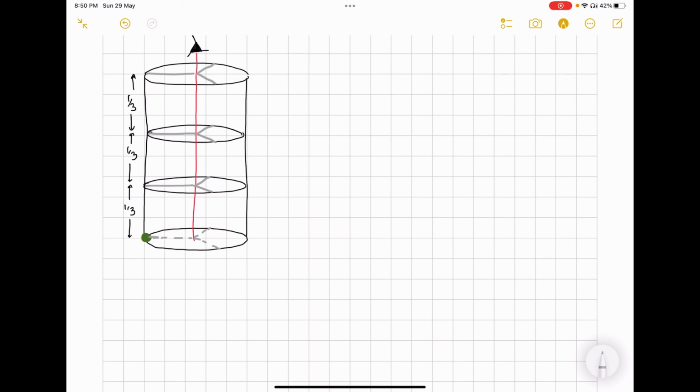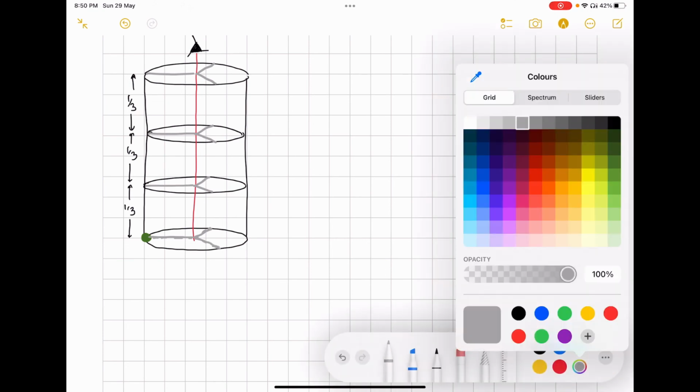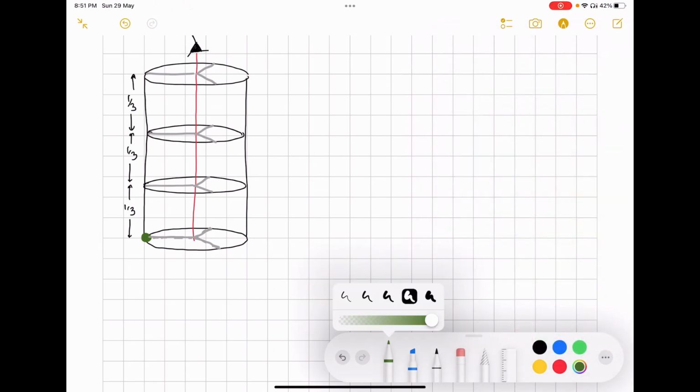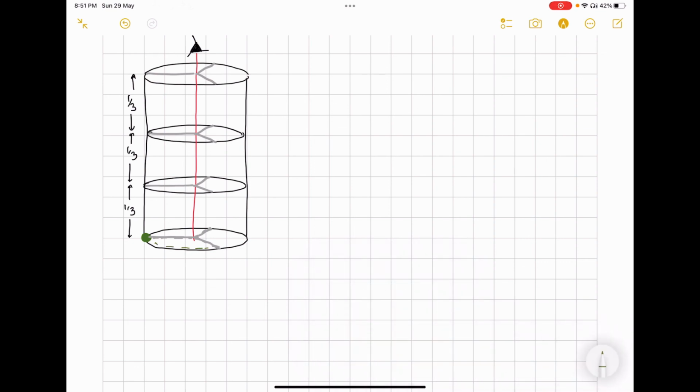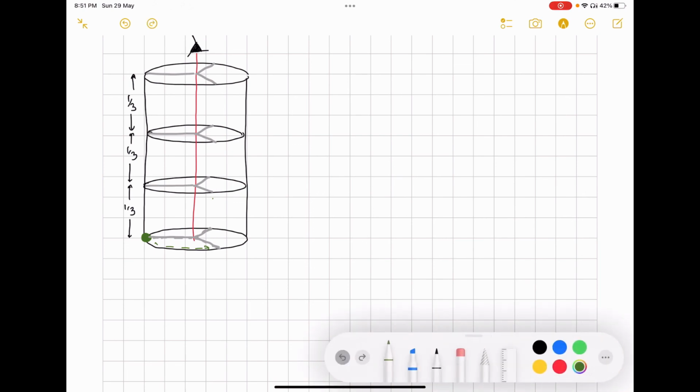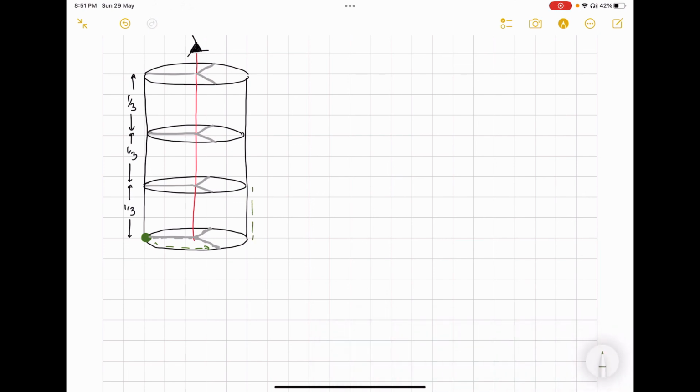These are the angles. Now this point first rotates by 120 degrees, reaches here, and then translates by 1 by 3 to reach here.